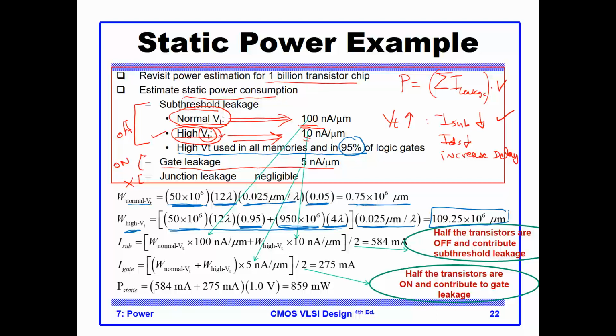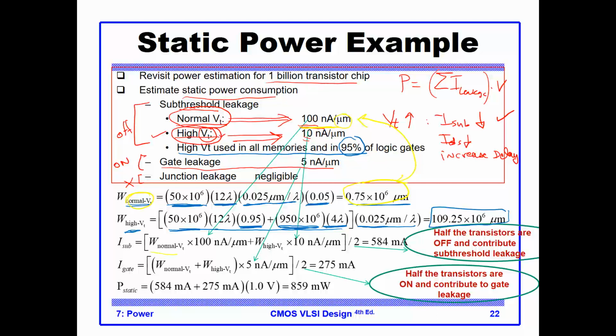Now, let's use a different color here. We take this micron and multiply it with this factor right here, because I know for normal VT this is the conversion between micron and ampere leakage. That's exactly what he did in the subthreshold.